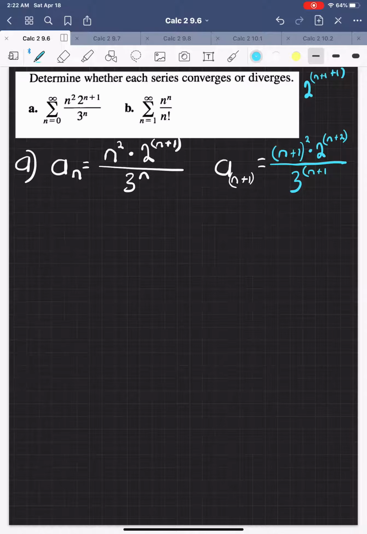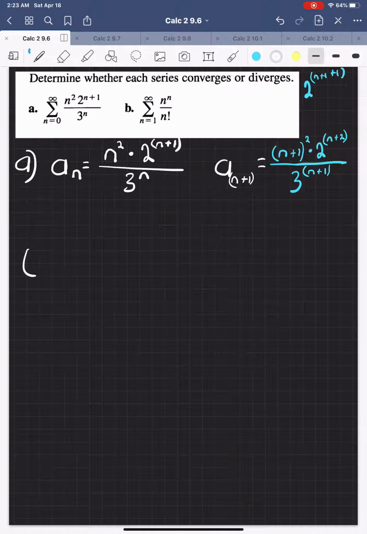All right. So you have your a sub n, you have your a sub n plus 1. Let's form our quotient. I'm going to go ahead and flip and multiply, right? Because you know it's a fraction, you flip it and multiply it. So let's go ahead and write it.